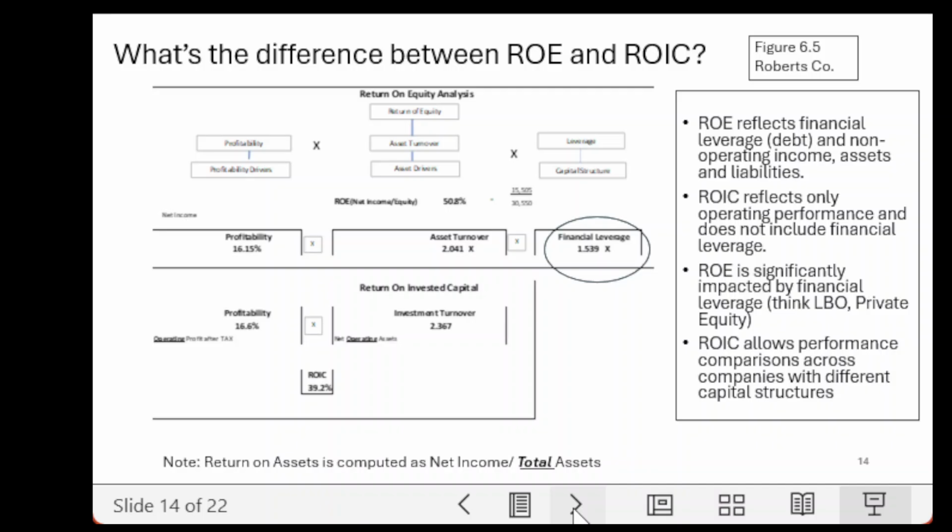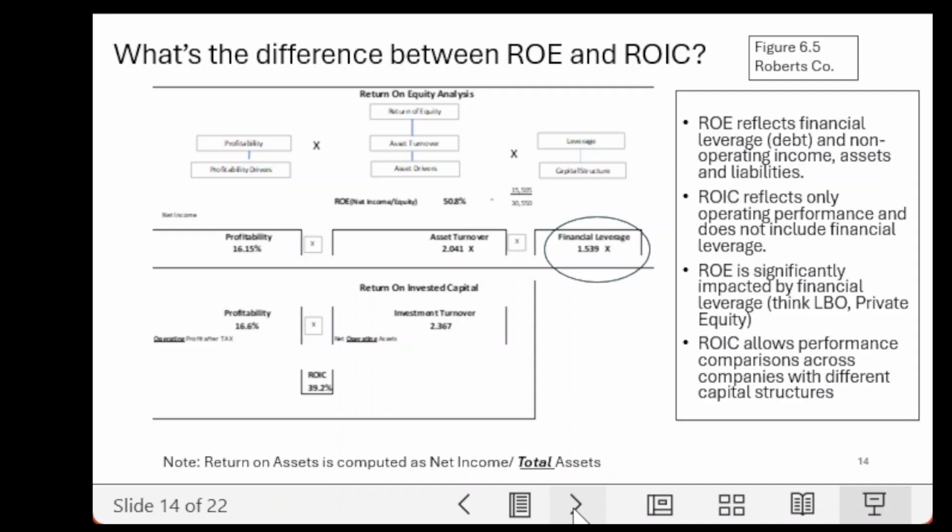So what's the difference between ROE and ROIC, you ask? Well, quite simply, it's leverage. And what we have here on the top for Robert's company, we have the ROE presentation, the DuPont formula, where we take profitability times asset turnover times financial leverage to come up with the return on equity of 50.8%.